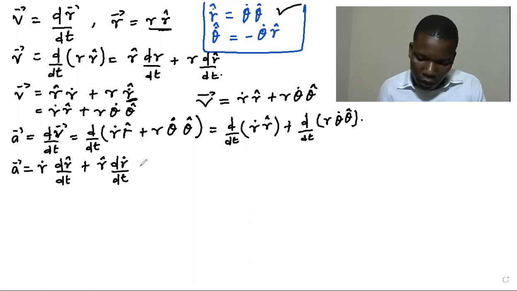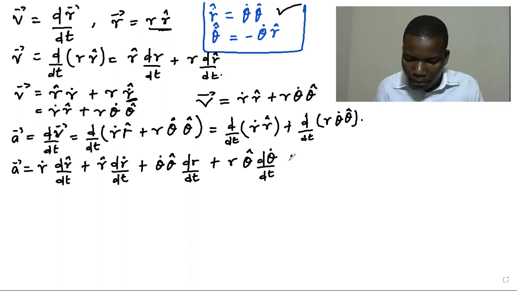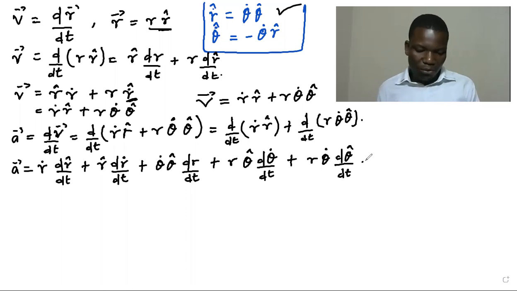Then we go to the next one, with R changing, so these two are going to be constant and R is changing, plus the other one, theta dot, is changing, and what remains constant is the theta dot, plus the unit vector in rotation is also changing, so we are going to have that. So it has been distributed.